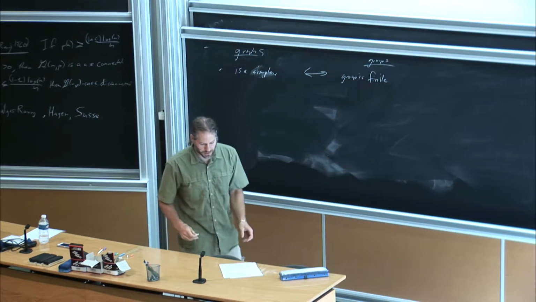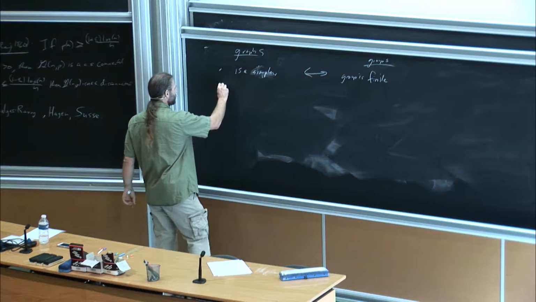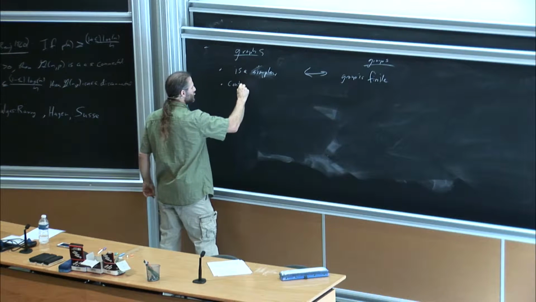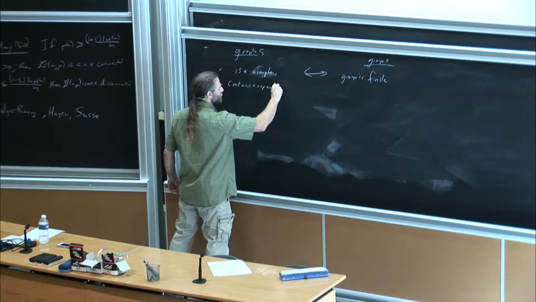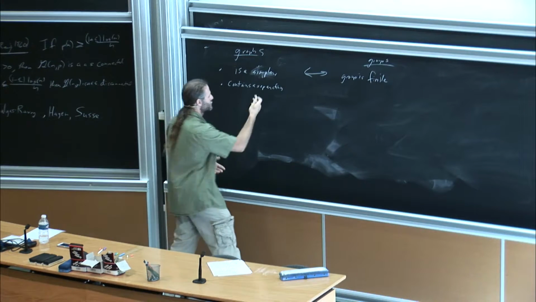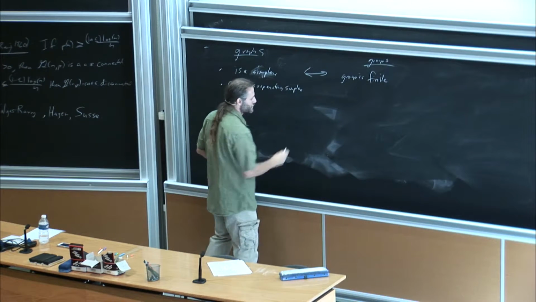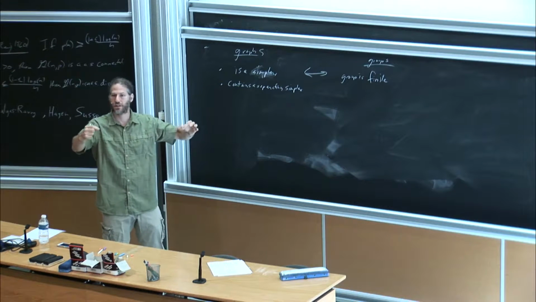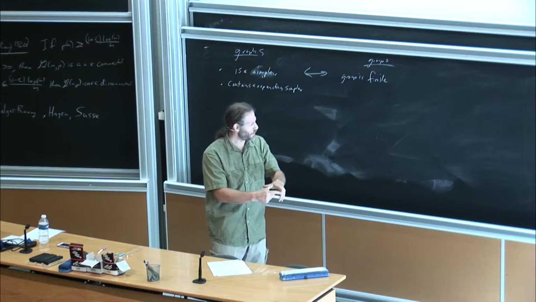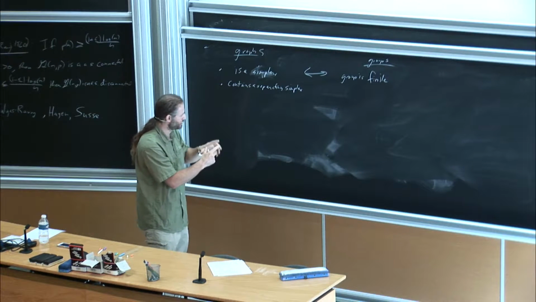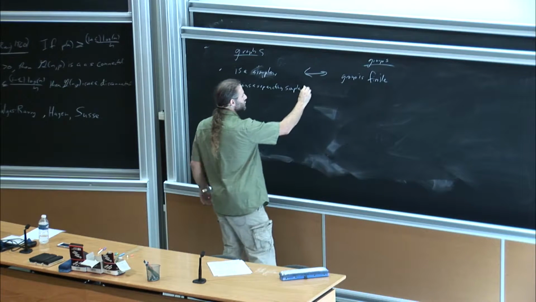All right, so the next one is a little more interesting. What if the graph contains a separating clique or simplex? Okay, so there's maybe some vertex which disconnects the graph, or there's some n-gon, some tetrahedron, which when you remove that, it separates the graph. What does that correspond to?